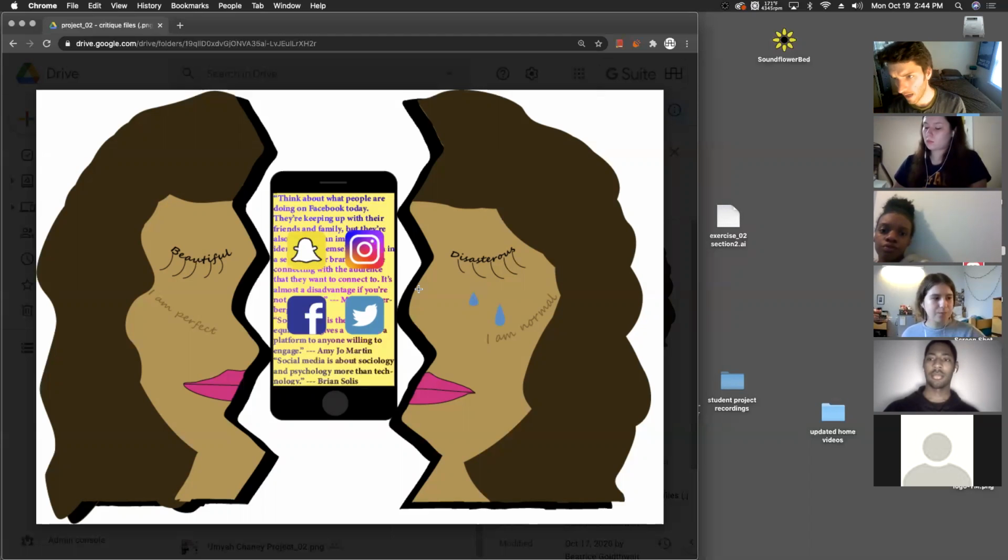Another thought I have is potentially the phone could be slightly tilted, maybe under the beautiful side and slightly over the reality side, to cast a very light kind of shadow.